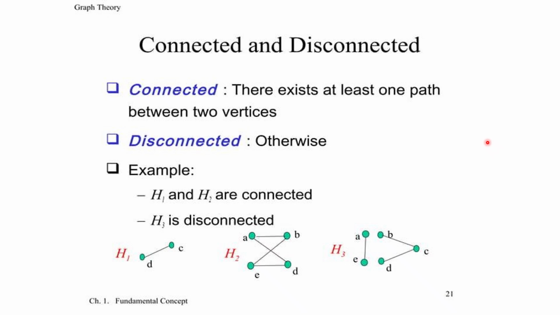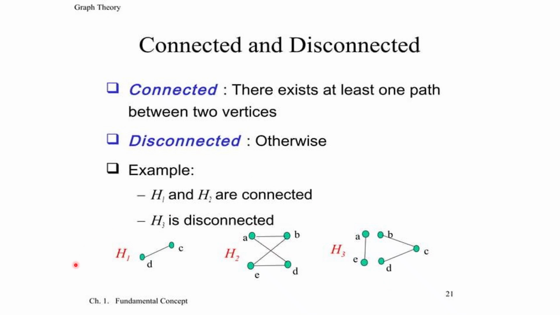So consider the following graphs. We have three graphs, H1, H2, H3. Graph H1 has two vertices, graph H2 has four vertices, and H3 has five vertices.